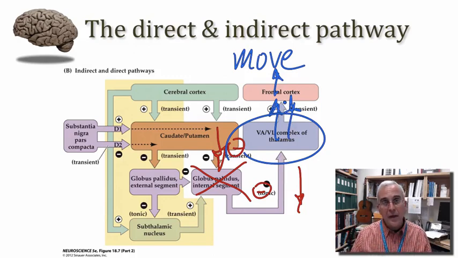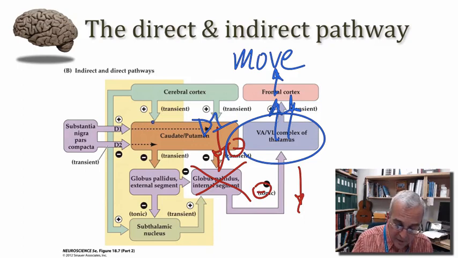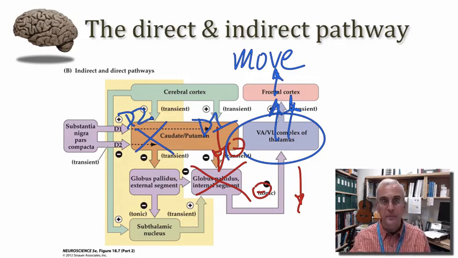The indirect pathway will synergize beautifully in the presence of dopamine because dopamine is serving to increase the activity of the direct pathway by binding to a D1 receptor, but dopamine is suppressing the activity of the indirect pathway by binding to D2 receptors.